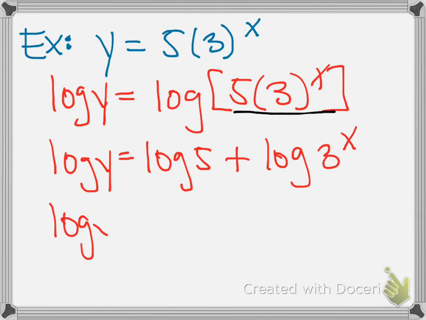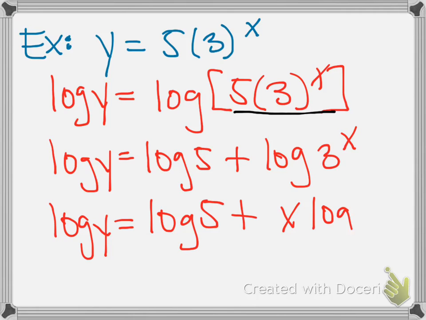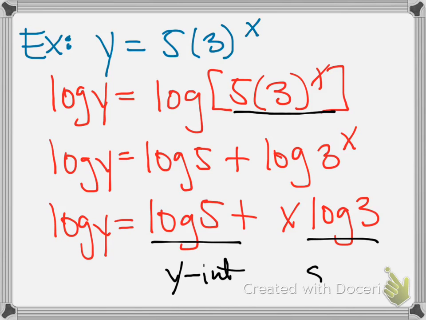And then we also know that because we've got the log of 3 to the x, and the x is an exponent, I can pull that x out front, so the log of y equals the log of 5 plus x times the log of 3. And so just like we saw before, the log of 5 is then our y-intercept in the equation, and the log of 3 is our slope.